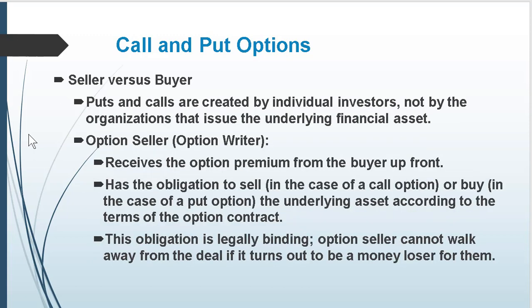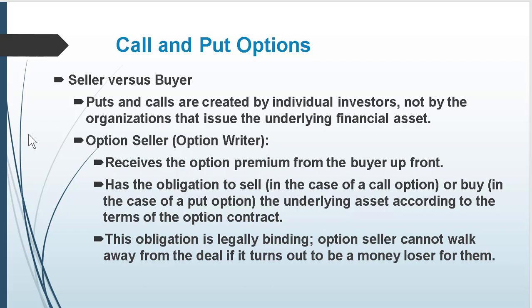So what's the difference between sellers and buyers of options? Puts and calls are different from stocks. Stocks are created by companies. Puts and calls are created by investors. Although it's not really correct to say so, you could think of an option as a bet.